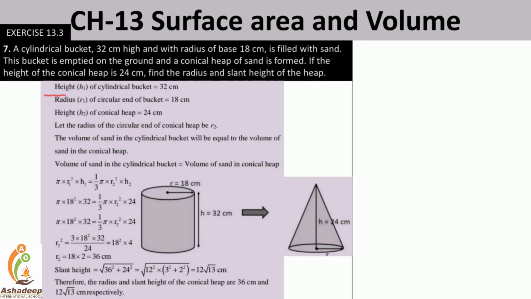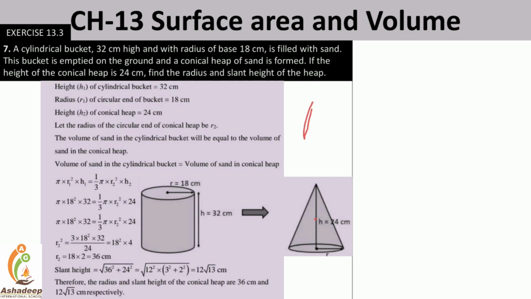So the height h1 is 32, radius is 18, height h2 is 24, radius is r2, that we don't know, so we need to find out that radius. How can we find it out? Simple, both have the same volume, right? What is the volume of the cylinder?